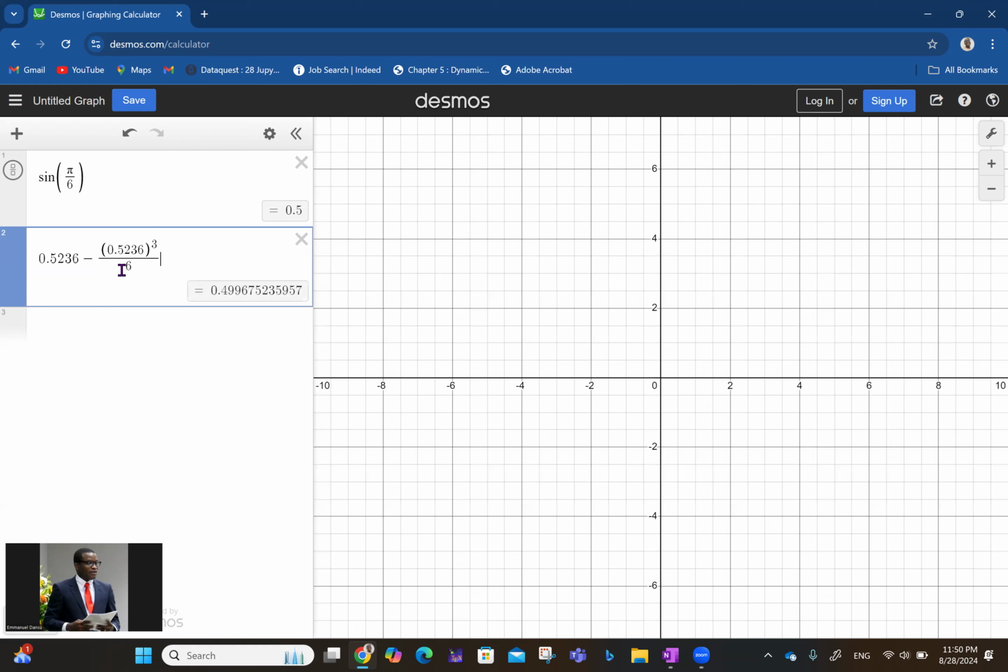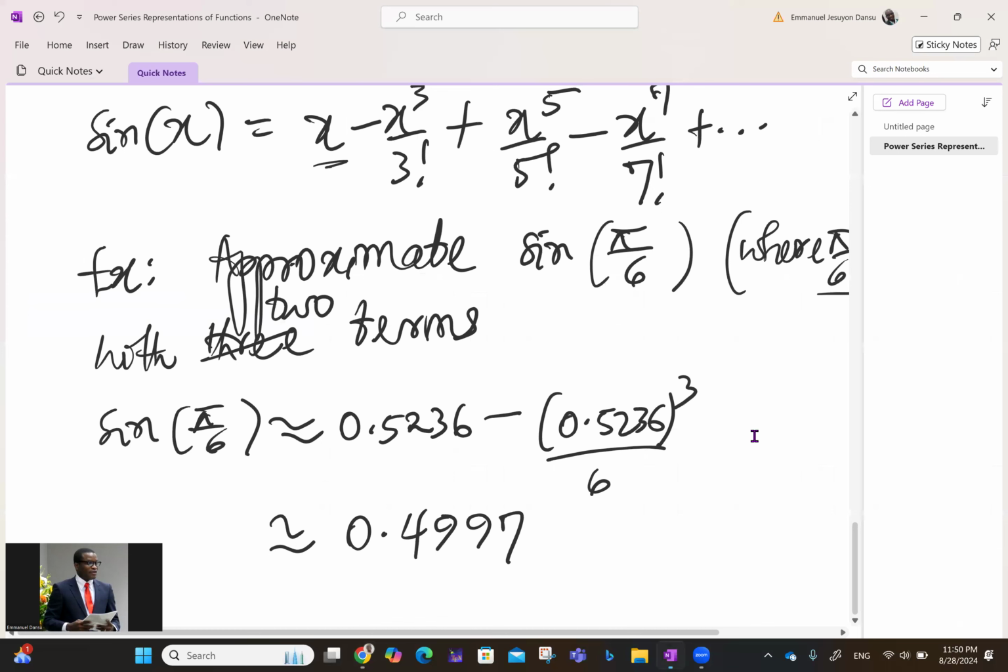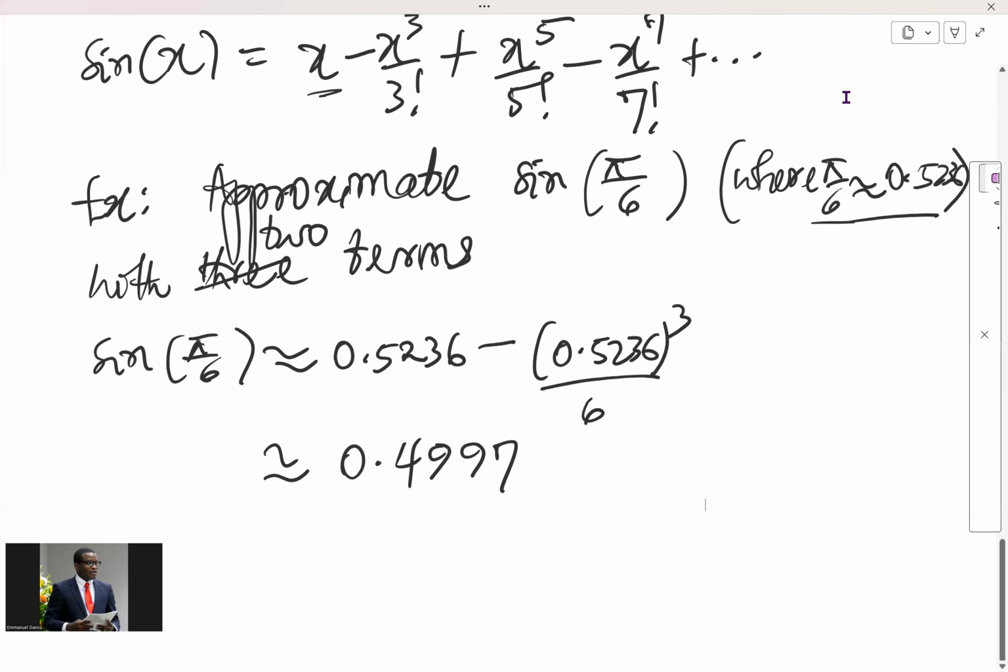If you want better accuracy, you can go the next step, plus 0.5236 raised to power 5 divided by 5 factorial, which is 120. So you can see this is literally 0.5000. It's really, really close. So the more terms you have, the better the results you get. That's the point. So that's the sine function.